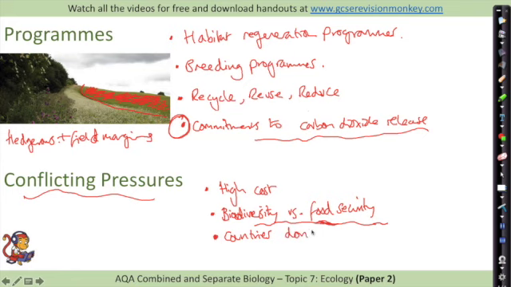There's a lot of politics involved in setting these sanctions by the government, and very large meetings between a number of different countries to try and agree on the amount of carbon dioxide that each country is releasing. And sometimes they just don't agree because there's different levels of development in the country, and there's not an easy solution to please everybody. So that brings us to the end of the revision video for Biology Paper 2.